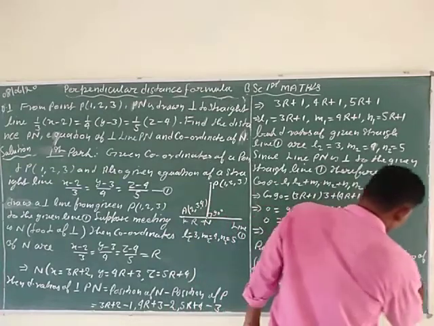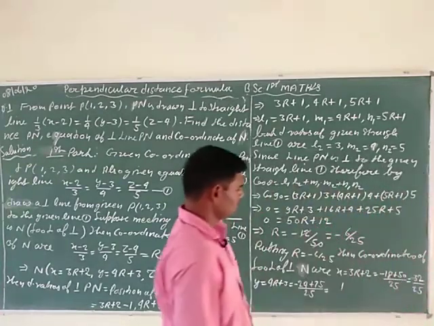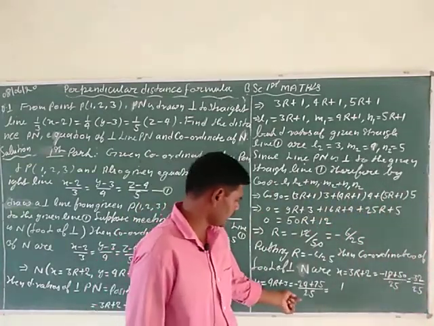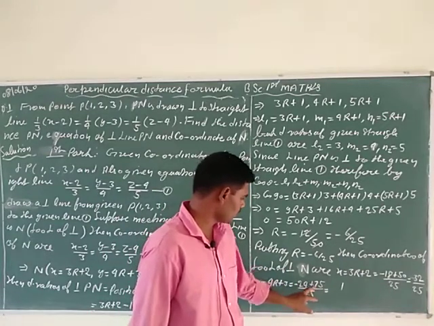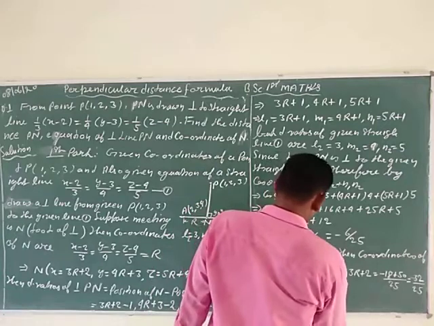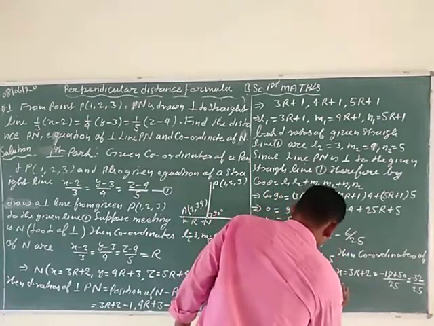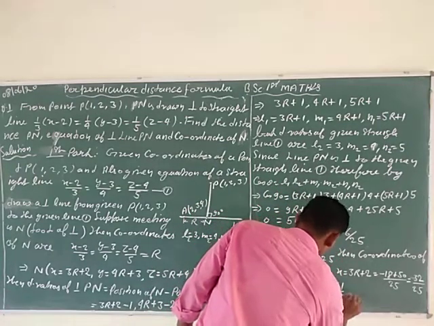Here write plus because 75 is greater than 24. 75 minus 24 is equal to 51. So 51 by 25.